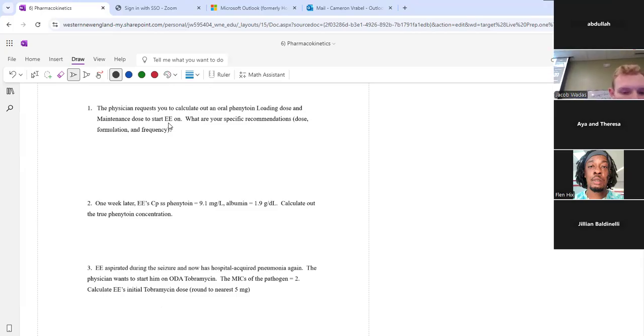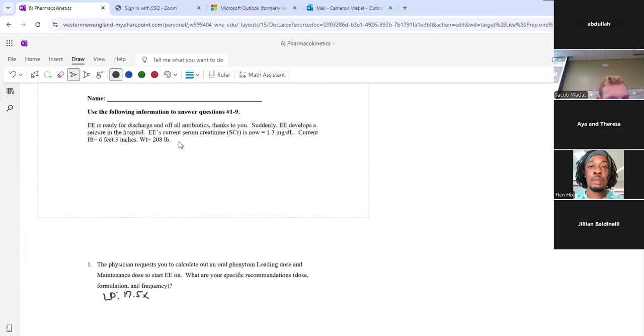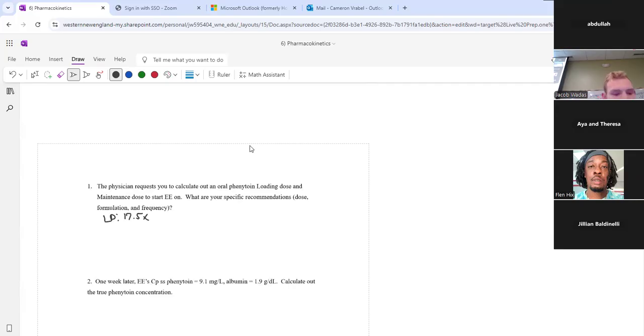So in order to do the loading dose, it's going to be 15 to 20 mg/kg. You can just do 17.5 to get the middle of that range. And for phenytoin, we're going to use actual body weight. If we scroll up here, his actual body weight is 208 pounds.